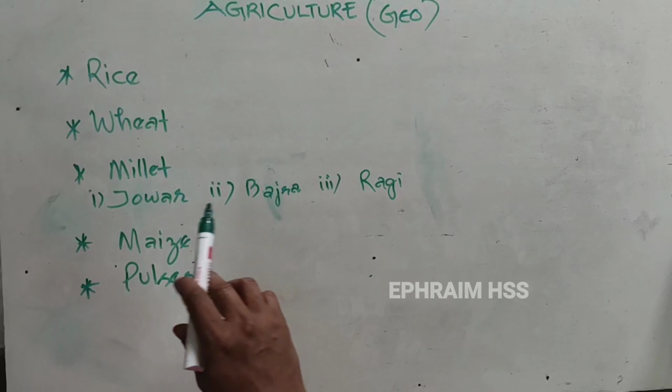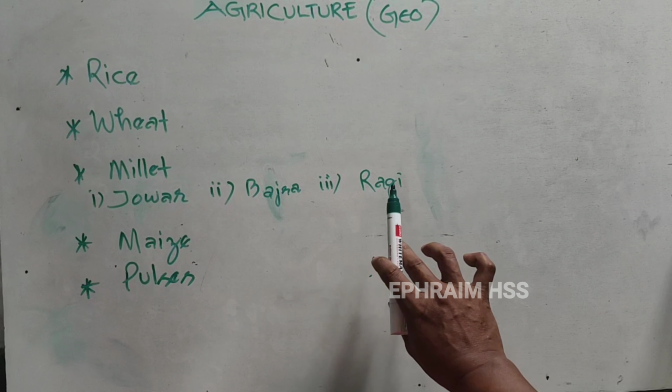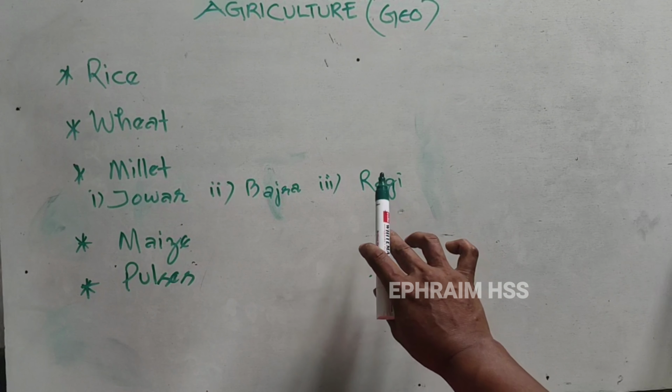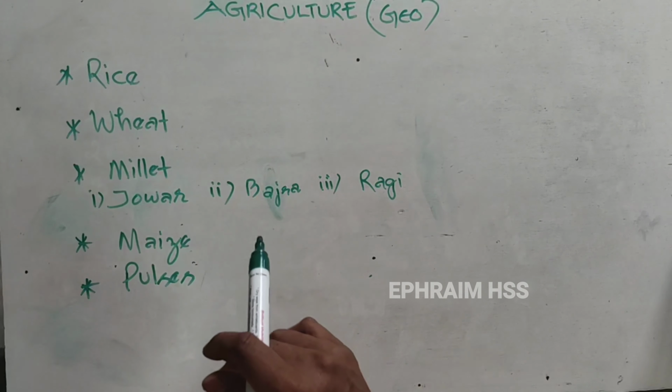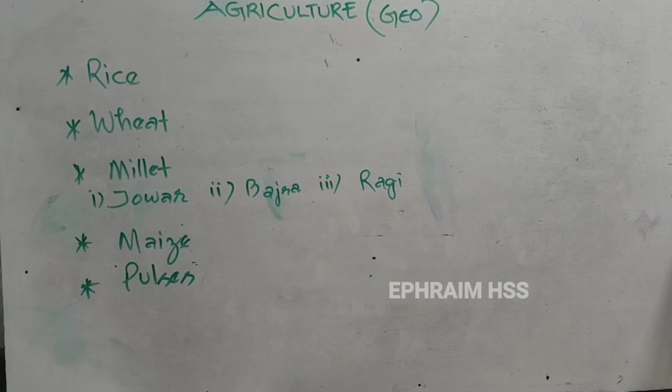Under millets, jowar, bajra, and ragi are examples of millet. These crops are largely used as fodder, that is for feeding animals, and they are often known as coarse grains.